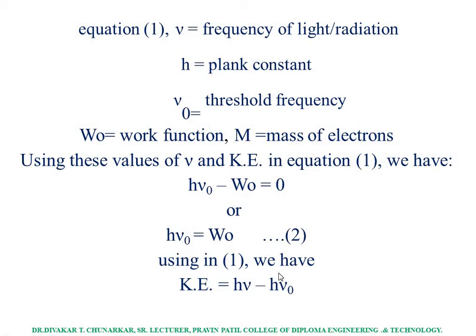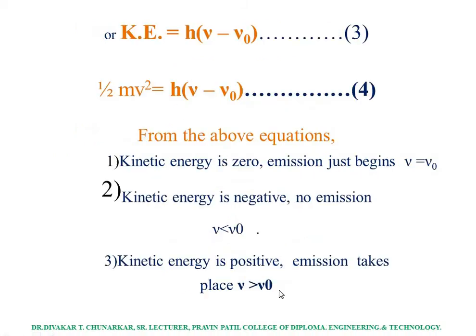Using this in equation 1, we have kinetic energy equal to h nu minus h nu 0. We can modify this equation by taking h common: kinetic energy equal to h in bracket nu minus nu 0, and this is Einstein's photoelectric equation.